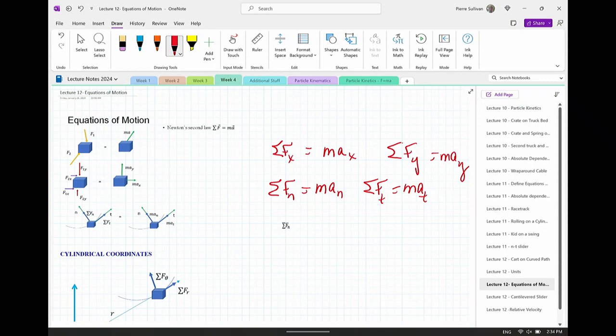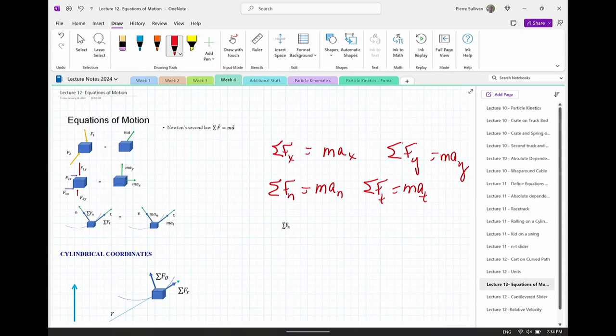So the first one, of course, is at the top: all of the forces in x, all of the forces in y equals all of the accelerations in x and y, respectively. However, if you go to a normal tangential system, again, one that's targeted to the particle, you have all the forces in the normal direction and all of the forces in the tangential direction. Of course, they're not going to be the same between coordinate systems.